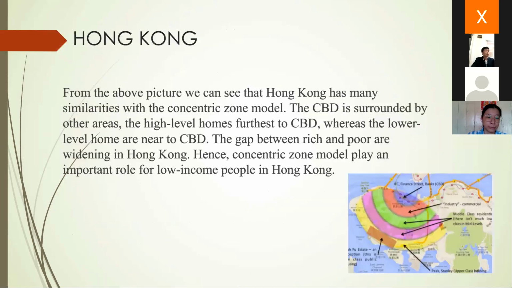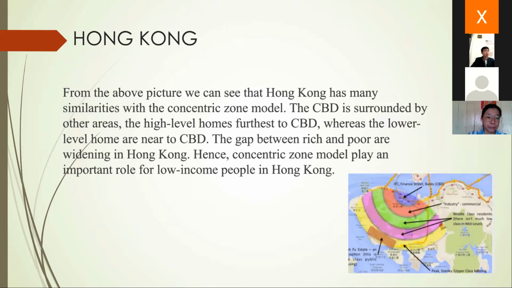From the above picture, we can see that Hong Kong has many similarities with the concentric zone model. The CBD is surrounded by other areas. The high level homes are further from the CBD, whereas the lower level houses are near the CBD.